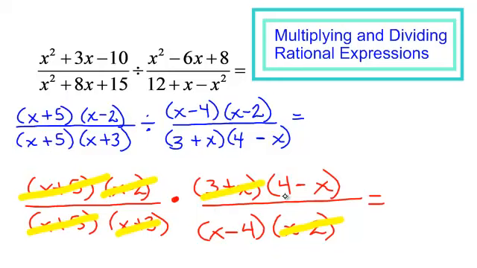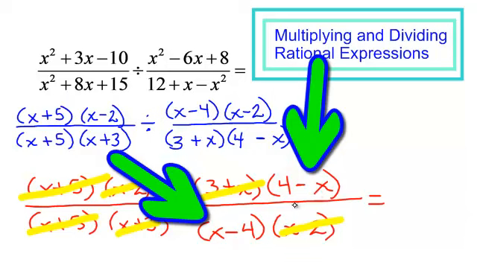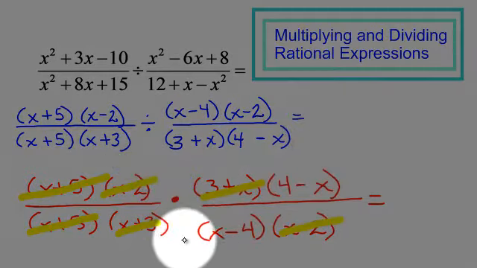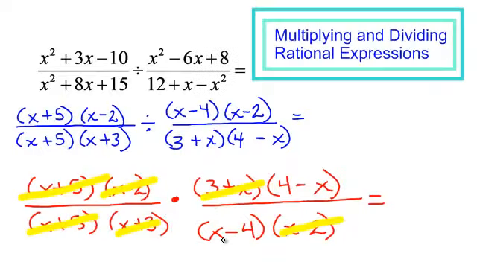And then I have 4 minus x, and I also have an x minus 4. Those are not the same. Are they completely opposite? Well, I have a positive 4 and a negative x in the numerator. In the denominator, I have a positive x and a negative 4. Yes, they are exactly opposite.